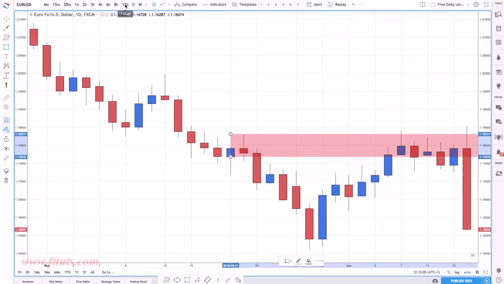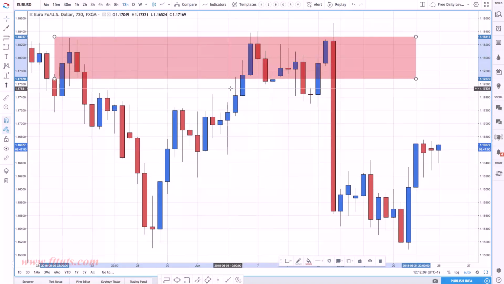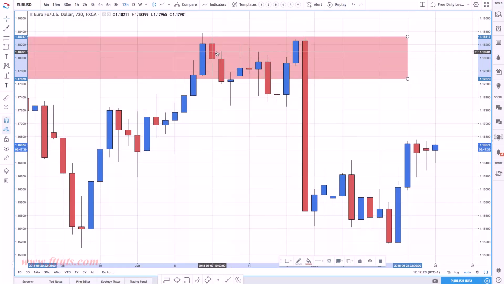Now, if we go down to the 12-hour, how this works is, what you want to see is a bullish candle, in the direction that you're not looking to trade in, in the opposite direction. And then what you want to see is 2 candlesticks in the bearish direction.